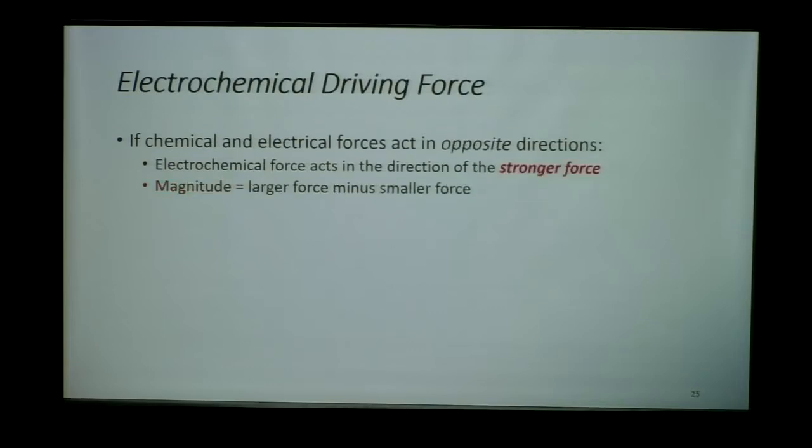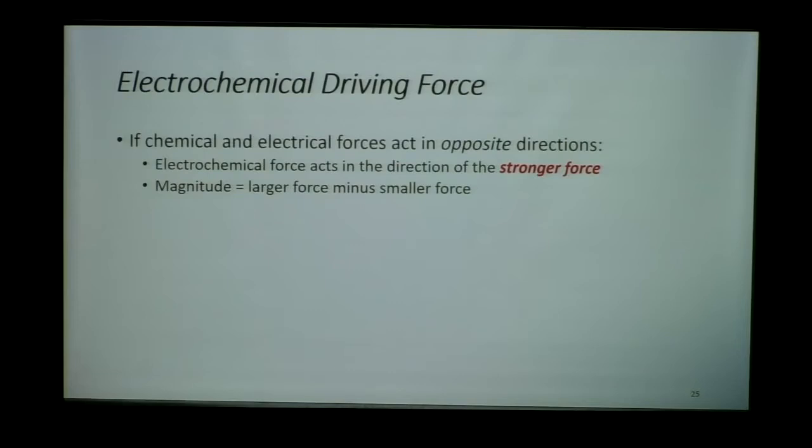All right? Now, if the chemical and electrical forces are in opposite directions, we have to decipher which of the forces is stronger, more influential in terms of determining the overall electrochemical driving force. And then the magnitude will simply be the larger force, and we subtract the smaller force from that. So I'll say that again.